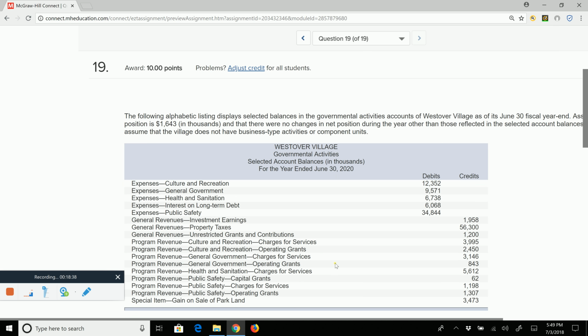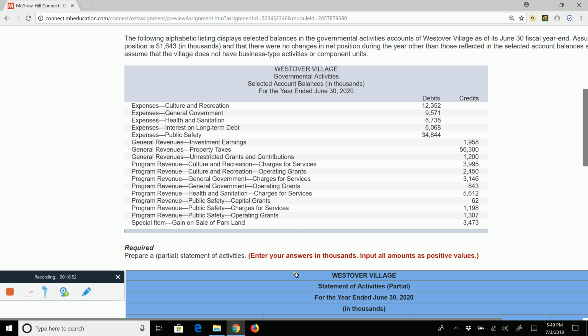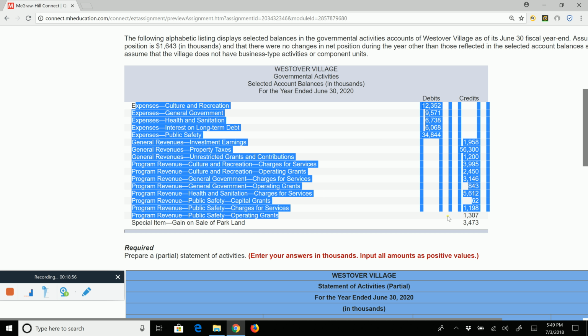In this last problem, we're not going to be on the governmental funds financial statements, but we're going to go over to the government-wide financial statements. And so what we have here is a government, and there's basically just a laundry list of different revenues and expenses in total chaos of an order.